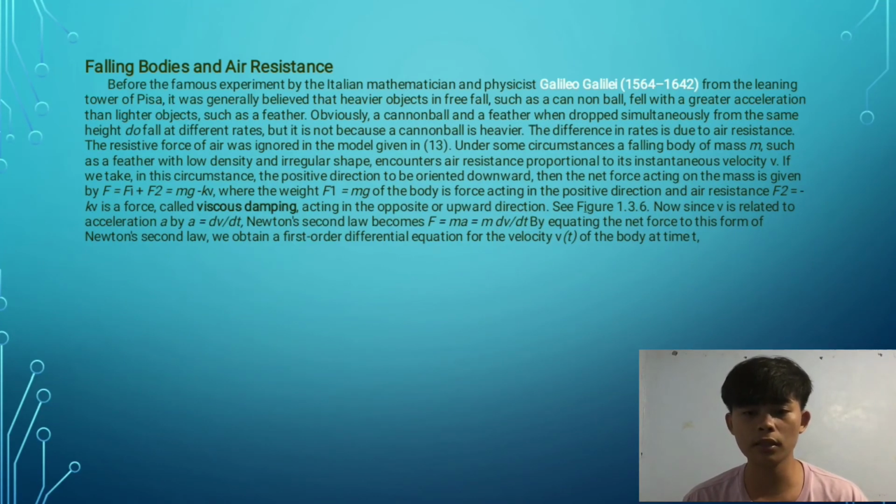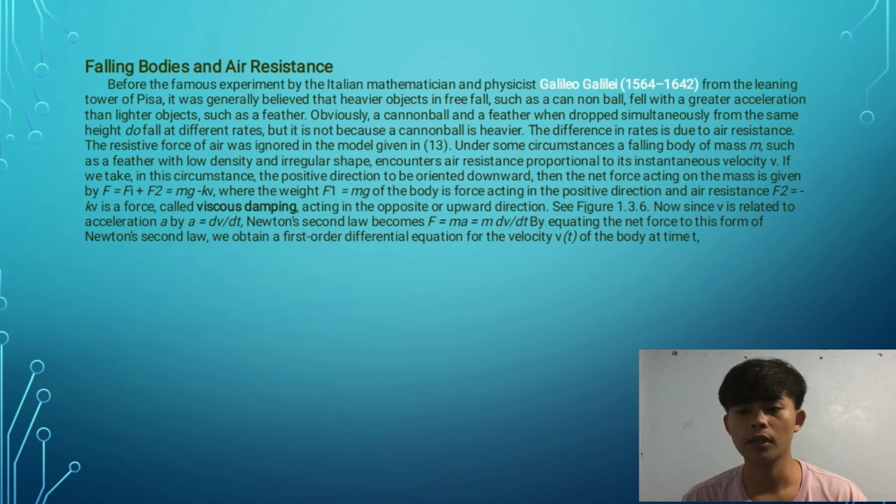If we take in this circumstance the positive direction to be oriented downward, then the net force acting on the mass is given by F equals F1 plus F2 equals mg minus kv, where the weight F1 equals mg of the body is a force acting in the positive direction, and air resistance F2 equals negative kv is a force called viscous damping, acting in the opposite or upward direction.